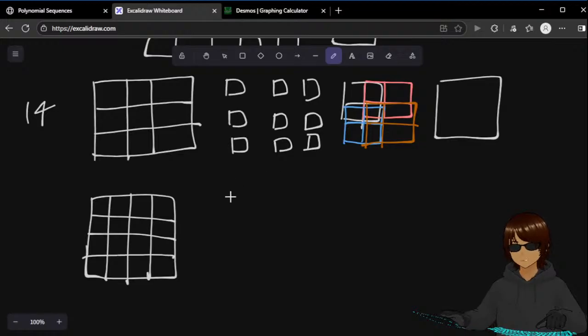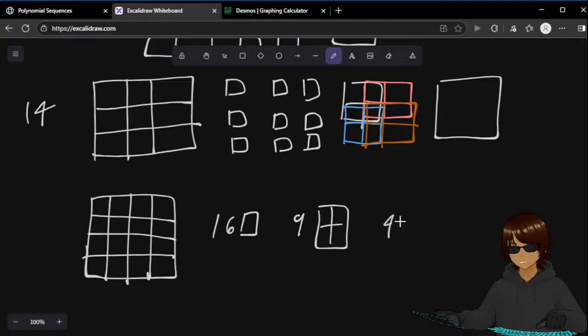Okay, let's try 4 by 4. 1, 2, 3, 4, 5, 6, 7, 8, 9, 10, 11, 12. Okay, there is 16 of the small ones. Let's try 2 by 2. 1, 2, 3, 4, 5, 6, 7, 8, 9. 9 of these ones. 4 of these. And then 1 big one.